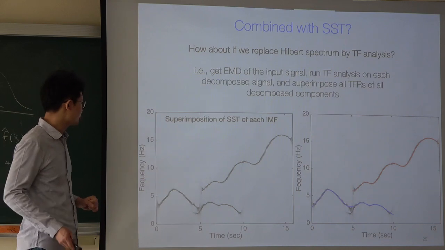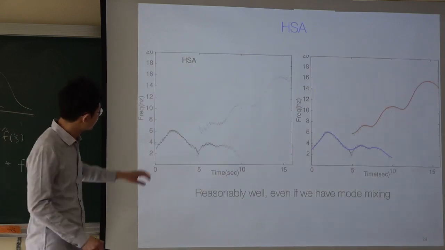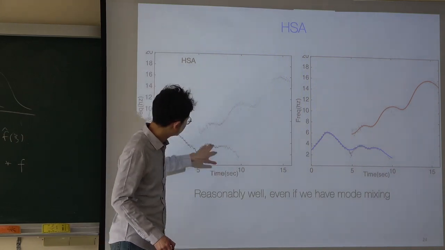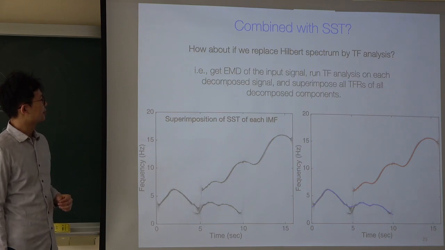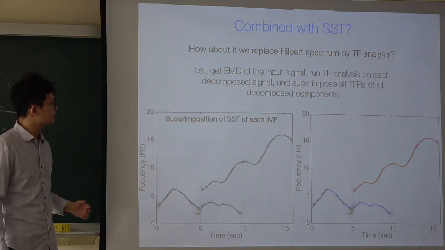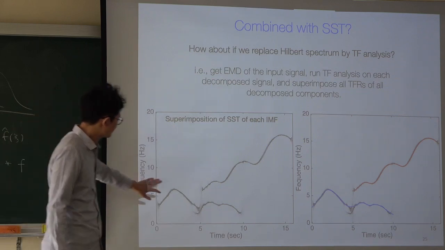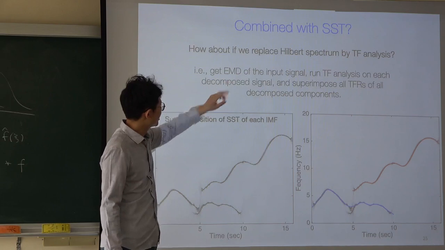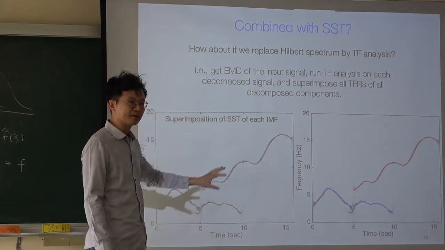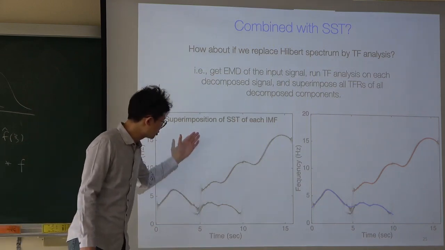And you can also try, hey, the HSA is a bit spreading, right? A bit fluctuating. So how about we replace the Hilbert spectrum by some time-frequency analysis tool, for example, synchrosqueezing, and this is the result. You run synchrosqueezing on each IMF function, get the resulting time-frequency representation of each of them, and do the superposition.